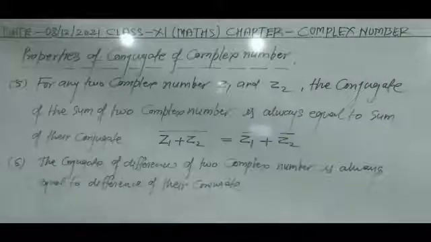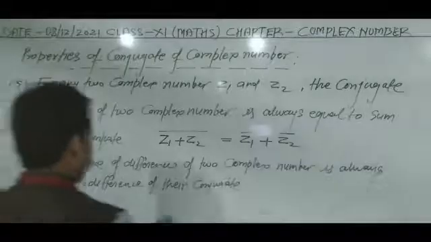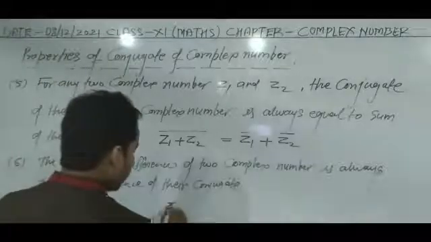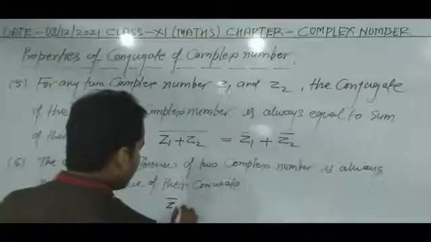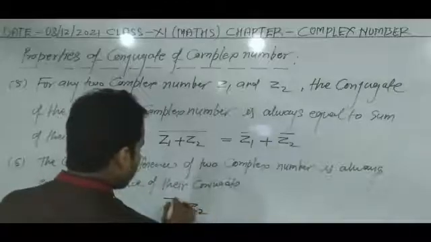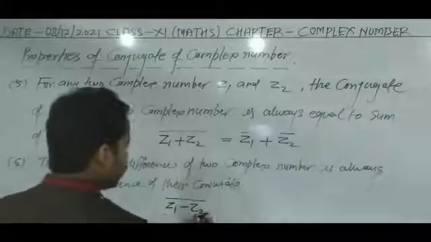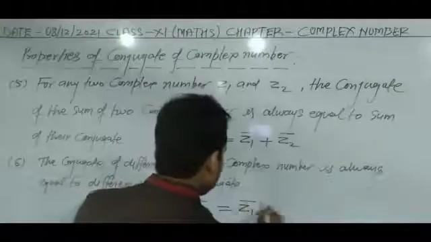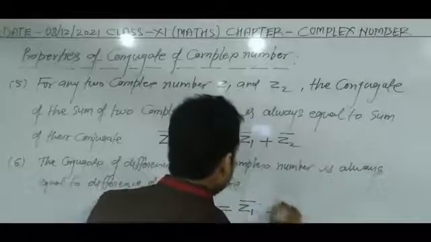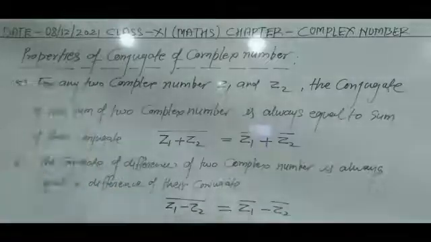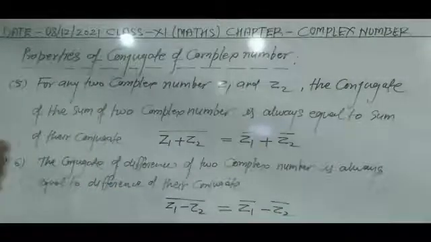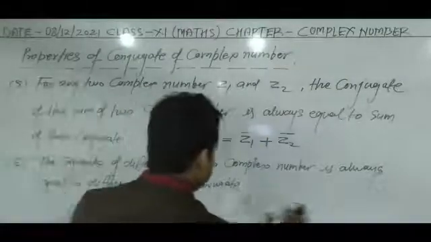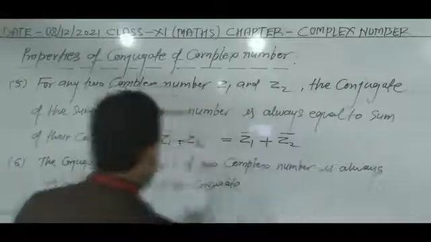So what we can write? We will have the formula. This is conjugate of the difference of two complex numbers is equal to difference of their conjugates.